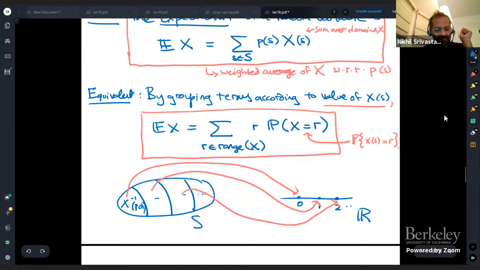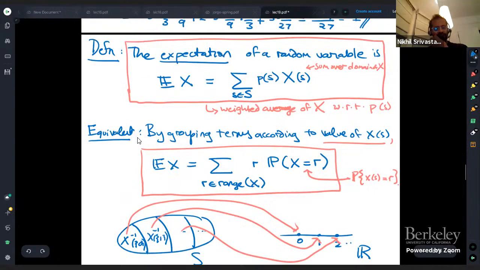This is X inverse of 1, etc. Okay. So any questions about this equivalent definition of expectation? So in the first definition, you sum over the domain. In the second expectation, you arrange it as a sum over the codomain, over the range.